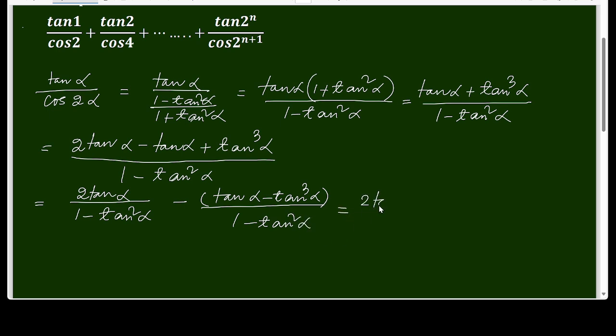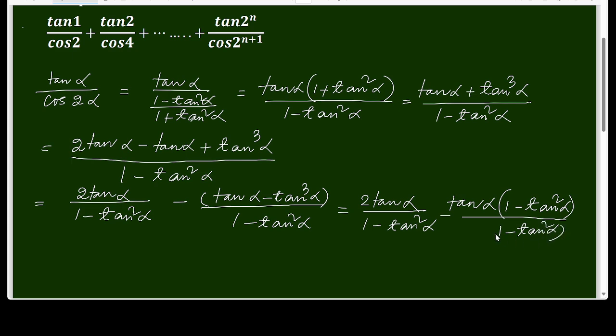So ultimately this is becoming 2 tan alpha over 1 minus tan square alpha minus, here I will take tan alpha common, then it will be 1 minus tan square alpha over 1 minus tan square alpha. Here these two terms will be cancelled.